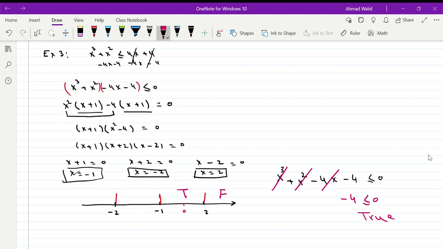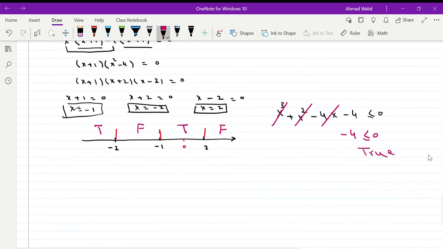Definitely this one is false. This one is false. This one is what? True. Final answer? My final answer is the true part, right? The true part is my solution.